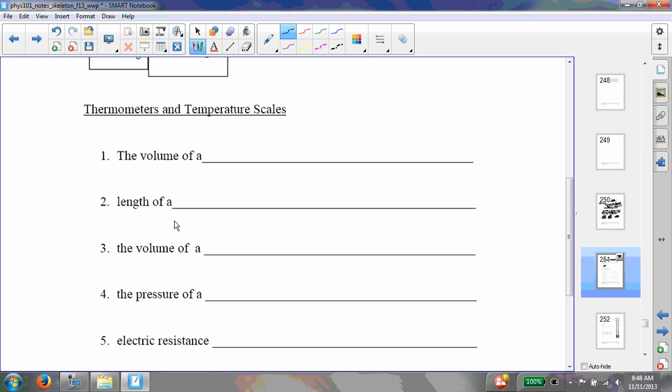Now, we have a number of different ways to measure temperature, a number of different thermometers and temperature scales. For different types of thermometers, you can measure temperature by looking at physical quantities of other materials. So for example, the volume of a liquid. This is our good old standby mercury thermometer, or an alcohol thermometer, whatever the object is.